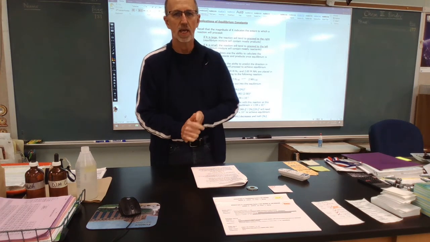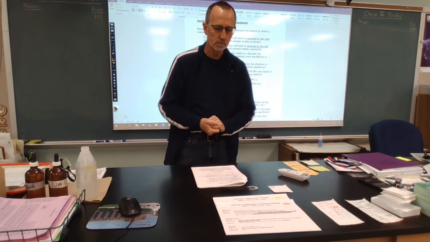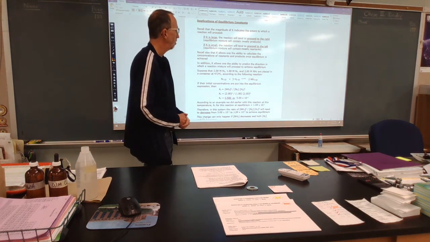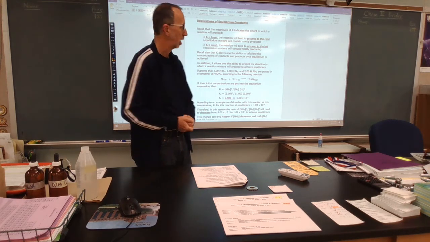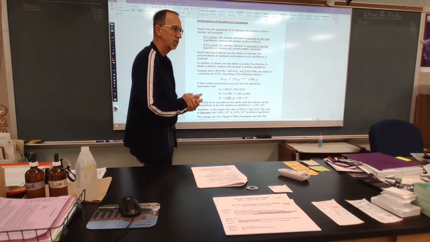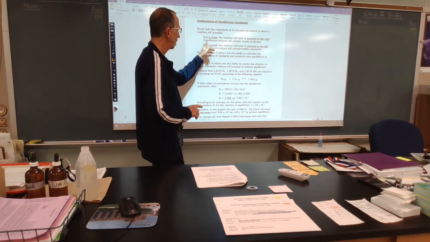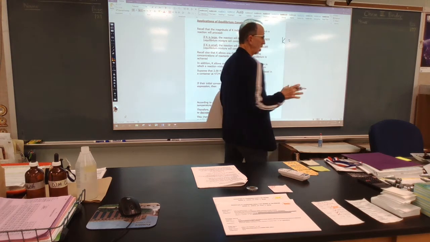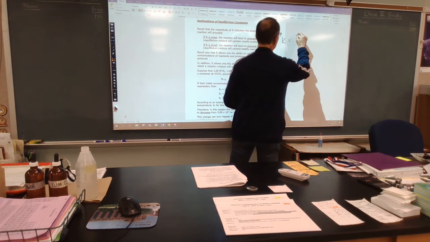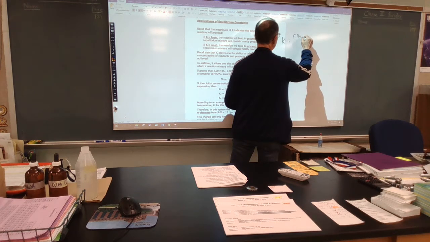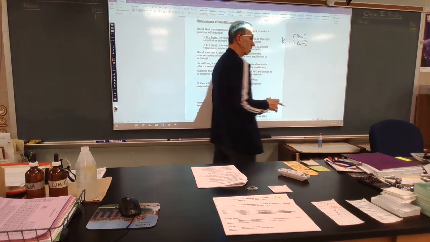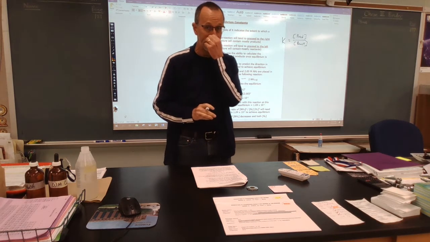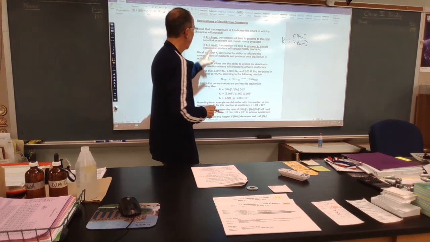Again, value of K and its relationship to the reaction quotient. Recall that the value of K, or how large or small it is, tells the extent to which a reaction proceeds. Remember, K in general, regardless of what type it is, is an expression of product concentrations over reactant concentrations or pressures.